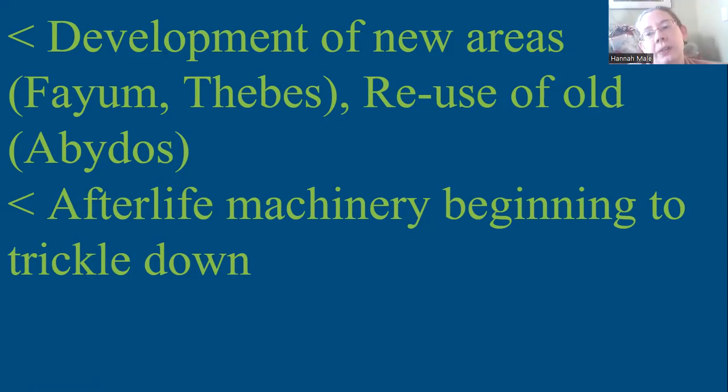Abydos is still used as a burial site, and people are still buried in the Old Kingdom heartland of Lower Egypt, so in that Delta Memphis region. You also have that democratization of the afterlife, so that afterlife machinery and objects is starting to trickle down to both the non-royal or to increasing members of Egyptian society.